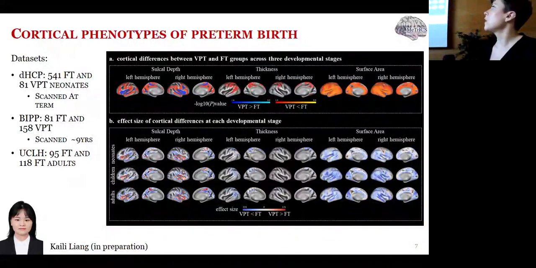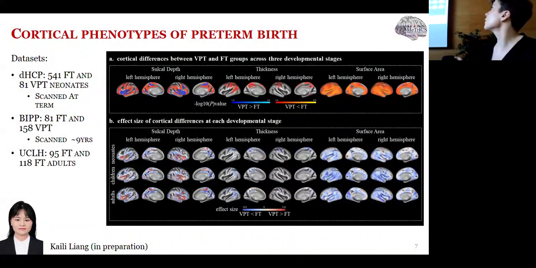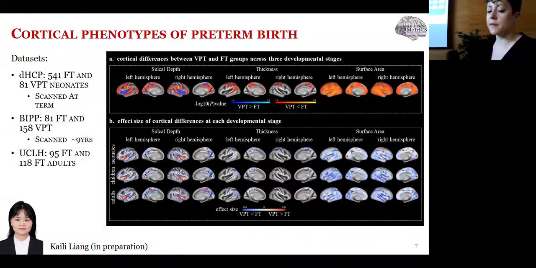There's also the BIP, which is a follow-up of an older study of very preterm babies that were later scanned in childhood and compared against childhood controls, and UCLH data, which is preterm individuals scanned during adulthood. She found a consistent signature of differences in cortical morphology, with extensive differences in cortical surface area, and reductions in sulcal depth and thickness that are consistent across the lifespan.